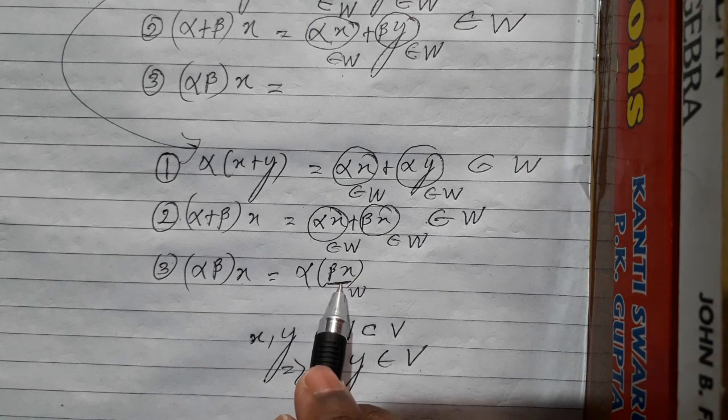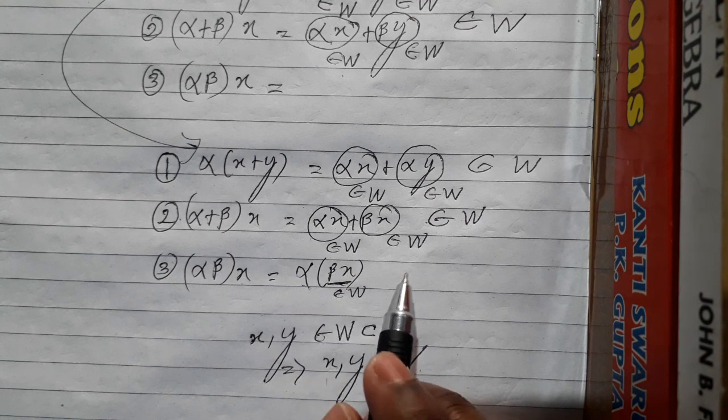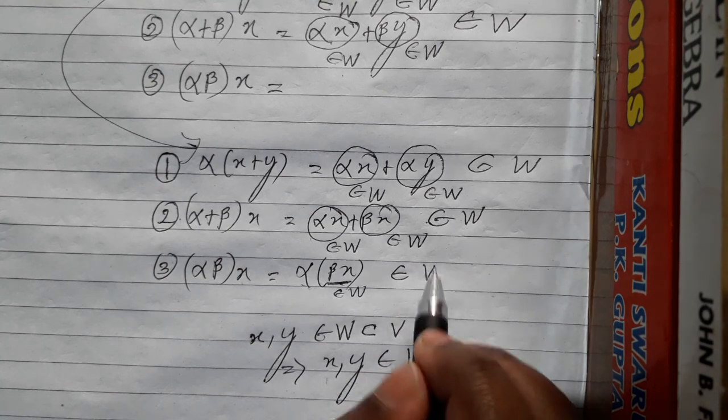And if this is in W, then alpha times an element in W will also be an element in W by condition 2. So this belongs to W.